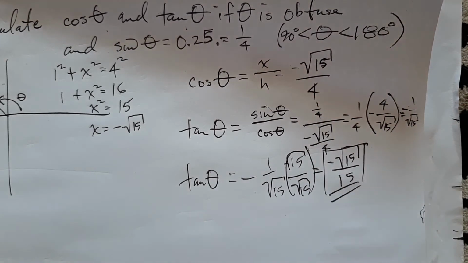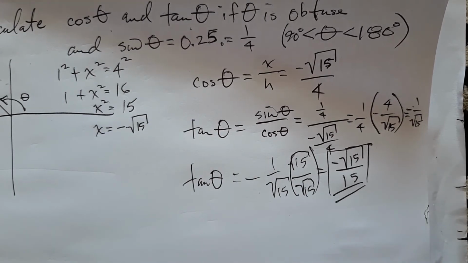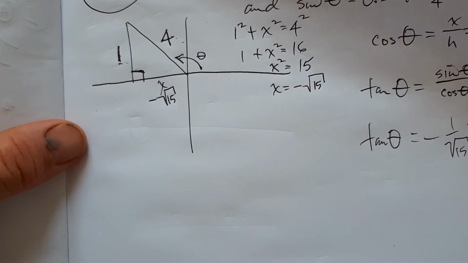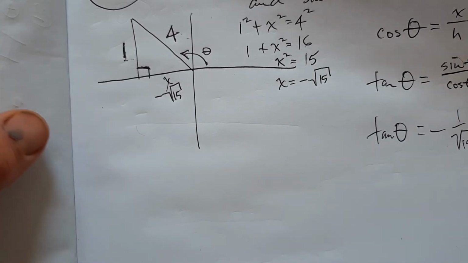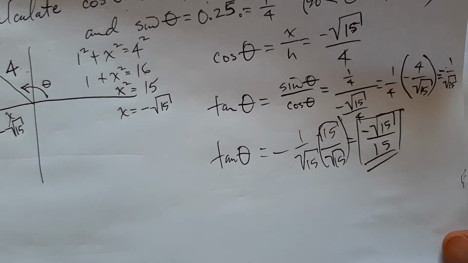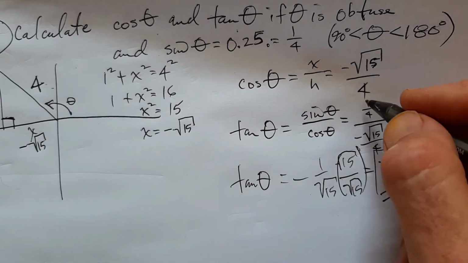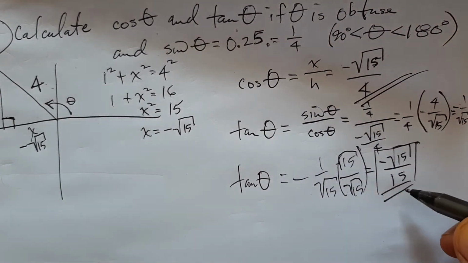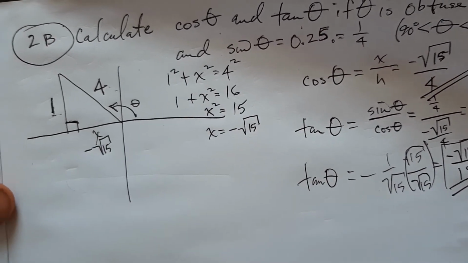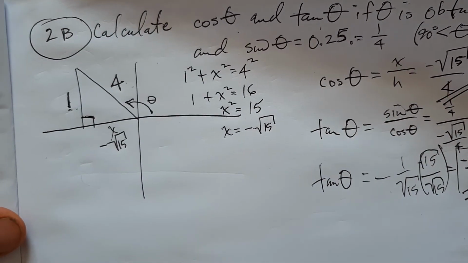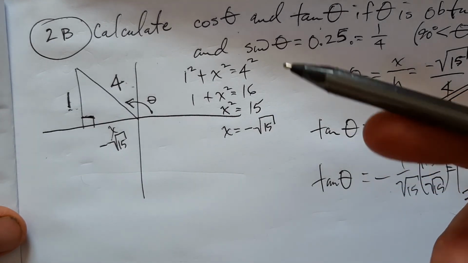Now let's check by using some tricky trig identities. We're going to get cosine and tangent using something tricky. Well, at least get the cosine.